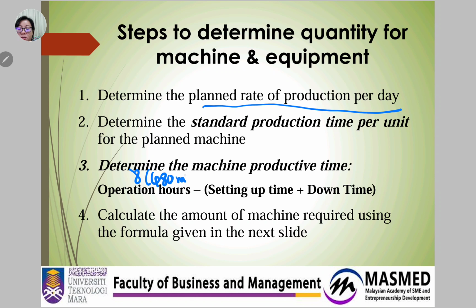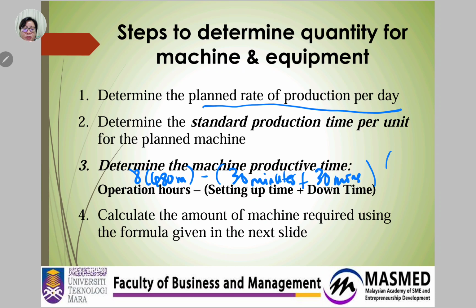480 minutes, minus your setting up time. Assuming that you were to set up your oven, it may require you to preheat the oven first. So setting up plus the preheating may come up to 30 minutes of setting up time, and the downtime will include the time when you have already completed using the oven, which may take up to 30 minutes, plus the time that you have to clean the oven.